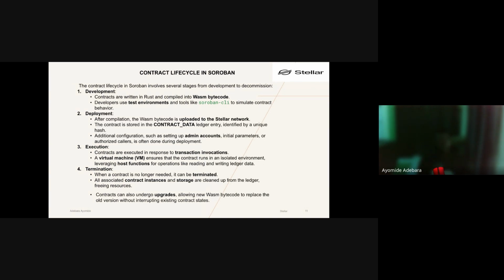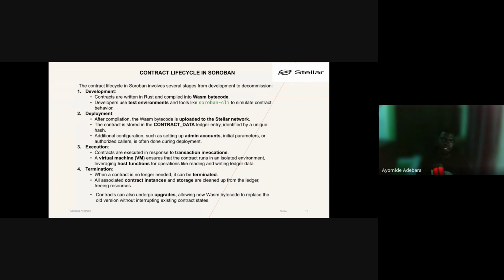The SOROBAN smart contract is literally a framework built on Rust, so you start by writing your smart contract in Rust, and then you test it with tools like the SOROBAN CLI to simulate your contract behavior, and also write your test scripts in Rust based on your contract implementation.